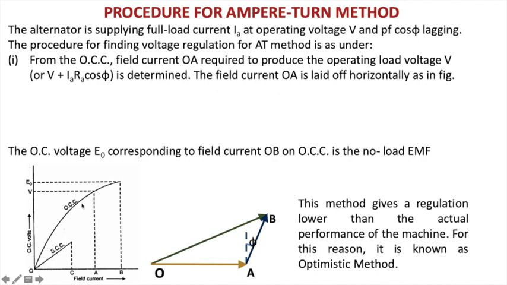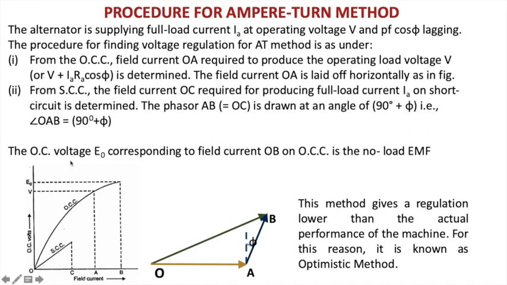From the OCC we'll take the field current OA. So OA is the field current required to produce the open circuit voltage V. Now from the short circuit test, this OC is the field current required for the full load armature current to flow under the short circuit condition.